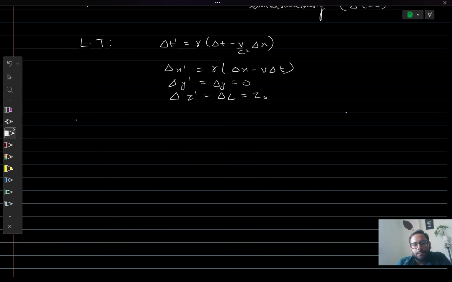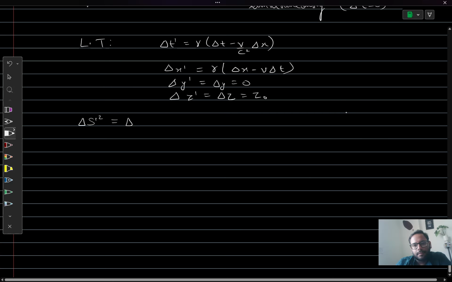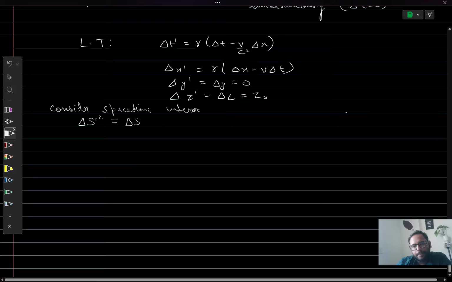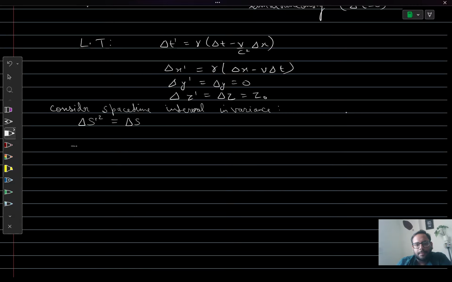Now consider again the space-time interval invariance. This will imply that minus c squared delta t squared plus this equals this.